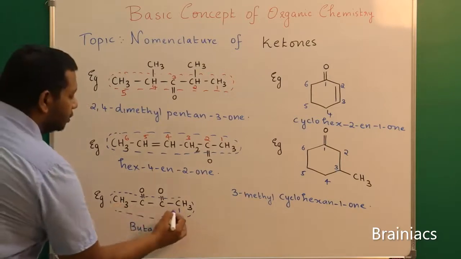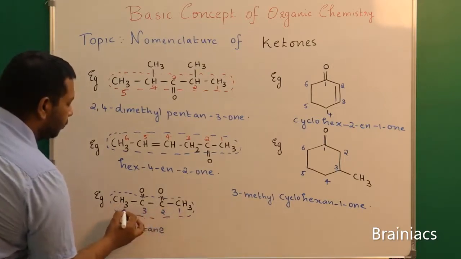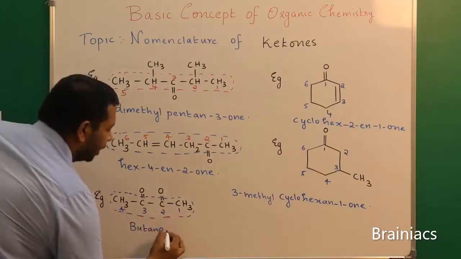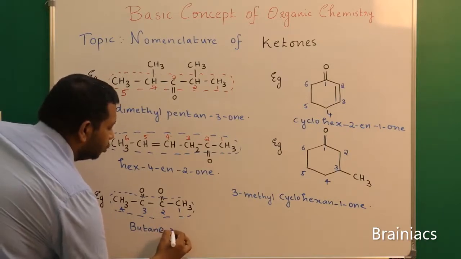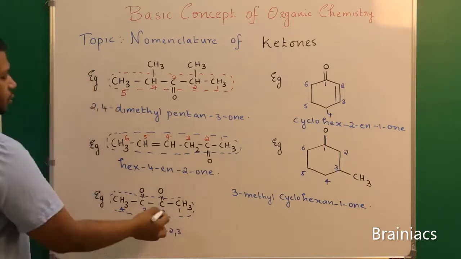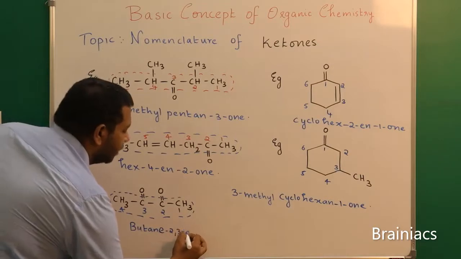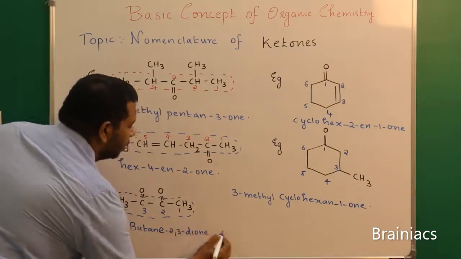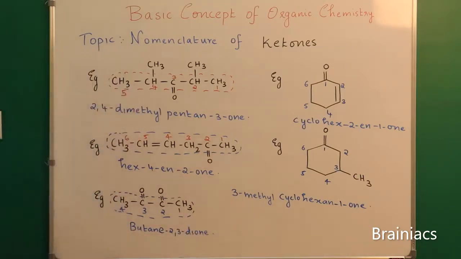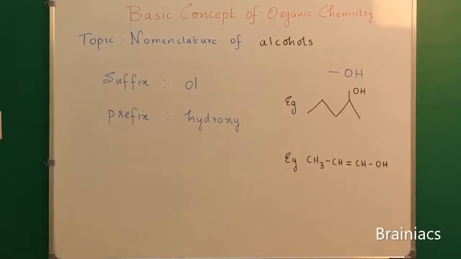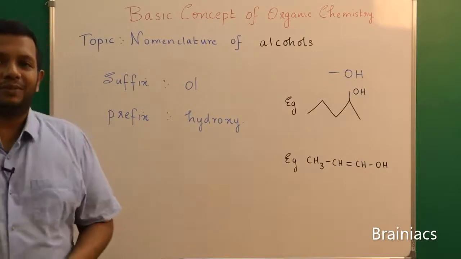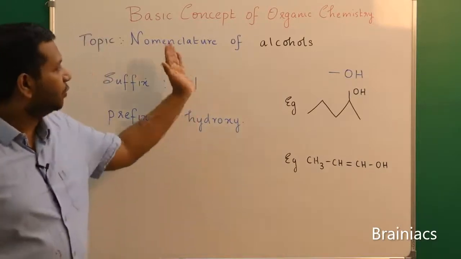Then I know 1, 2, 3, 4. So I can say butane-2,3-dione. Okay.